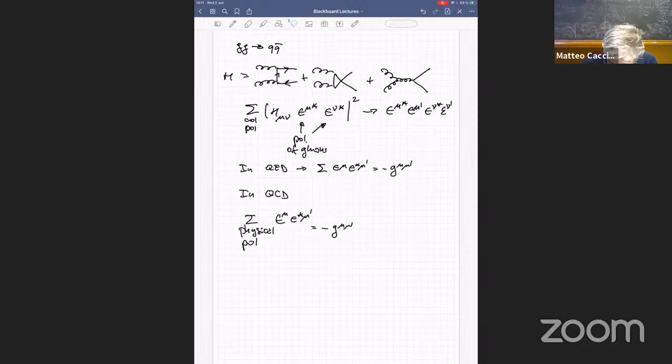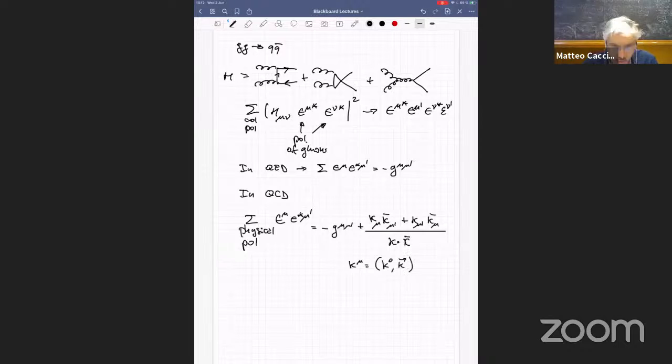But then there is another part which is plus k mu k bar mu prime plus k mu prime k bar mu, divided by k dot k bar, where k mu is simply the usual 4-vector, the gluon momentum, one of the two gluons' momentum.